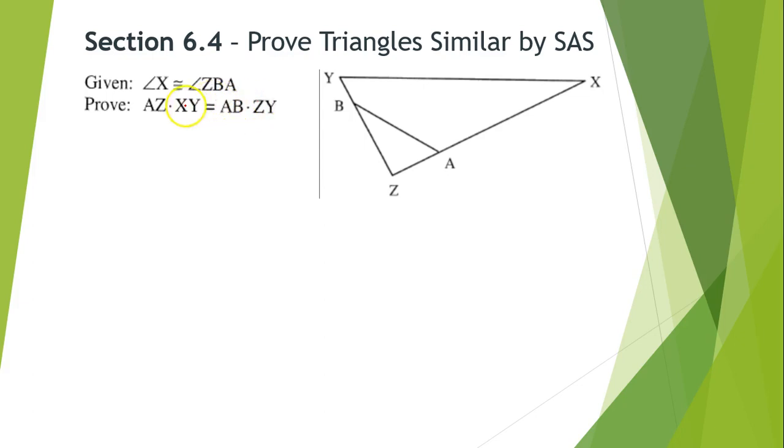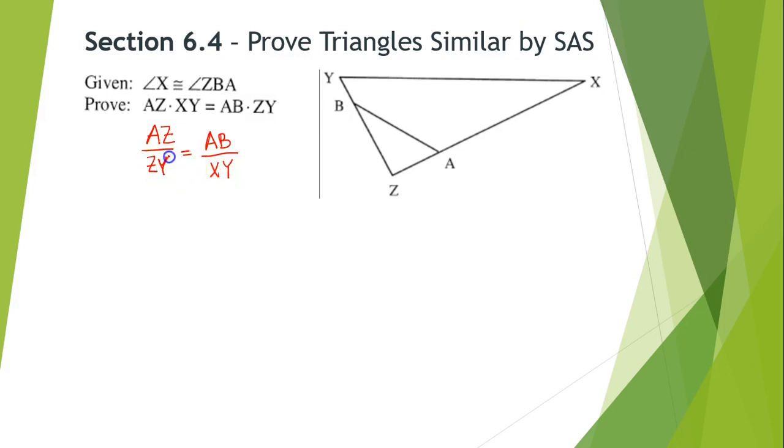Another way to show that these two things are equal is by this proportionality right here, that AZ over ZY is equal to AB over XY.